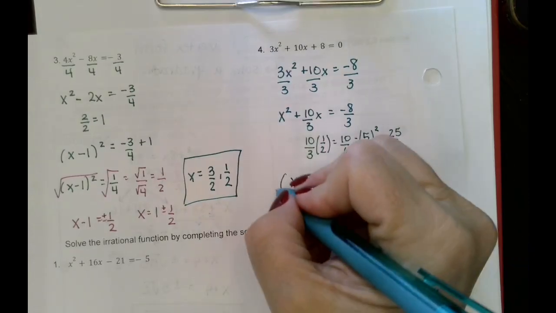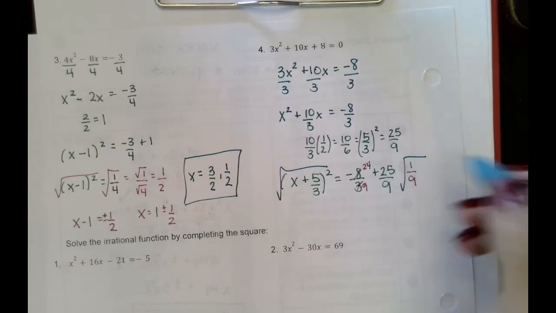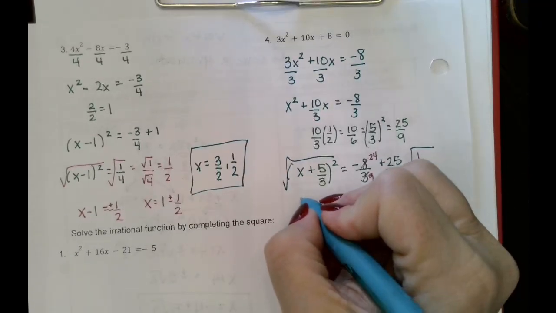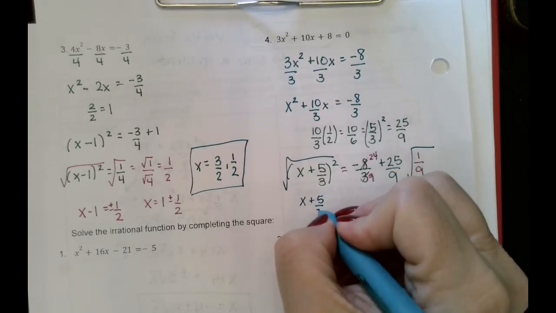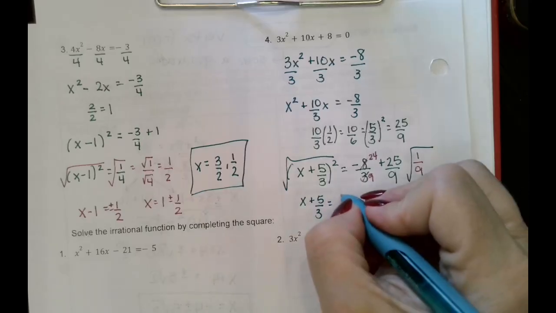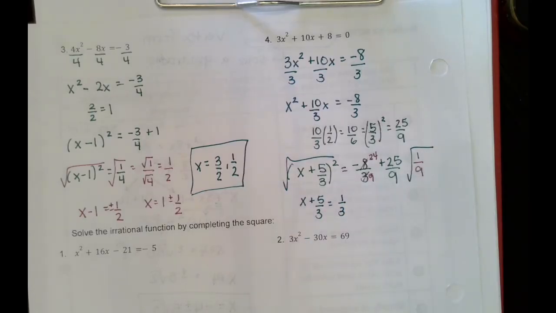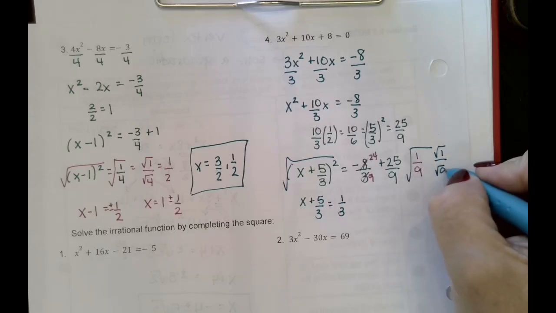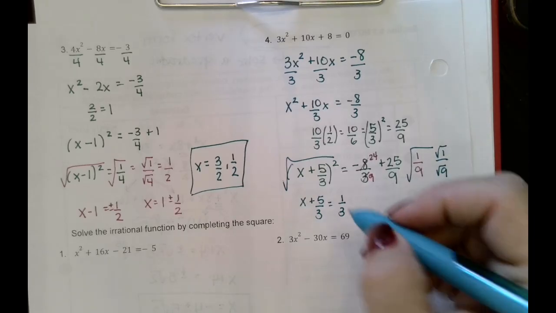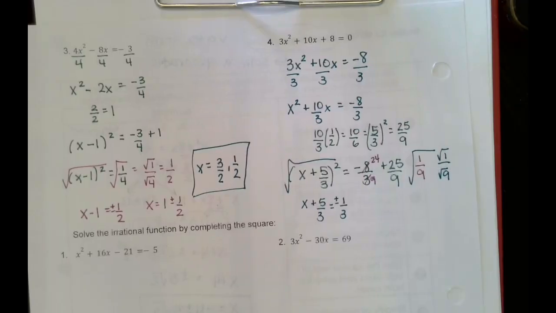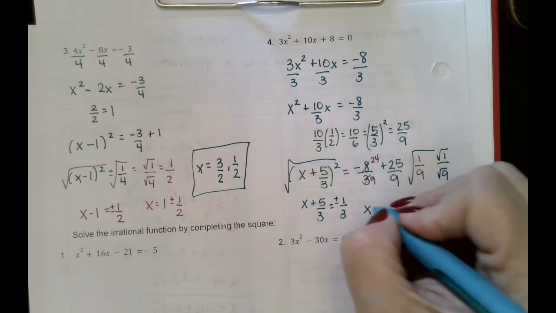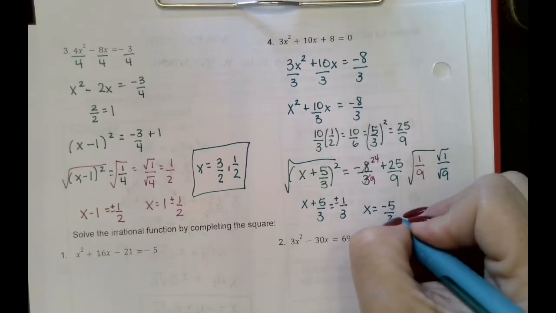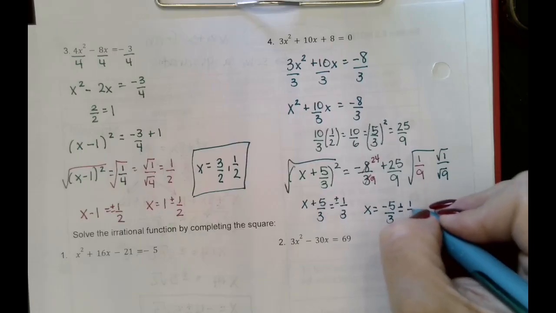Okay, so now I'm going to take the square root of this side and the square root of this side, and I get x plus 5 over 3 equals 1 over 3. Remember, this is the square root of 1 over the square root of 9. Oh, I keep doing that today, so it's plus or minus. So when I move it over, I have negative 5/3 plus or minus 1/3.